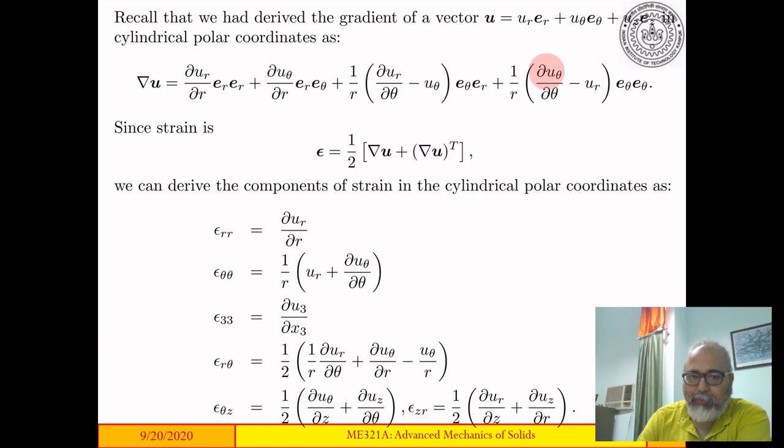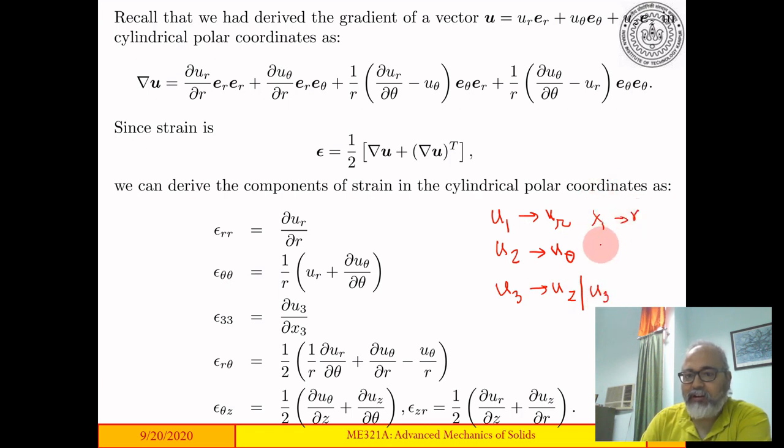And now the mapping that we use is we call u1 as ur, u2 as u theta, u3 as uz, sometimes we'll call it u3 as well. x1 is of course r, x2 is theta, and x3 we'll sometimes call x3, sometimes call z.